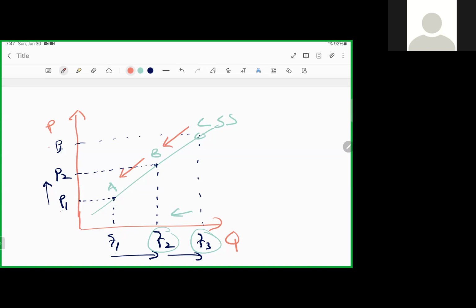Quantity will increase from Q1 to Q3, which means we move from A to C, because price has increased.